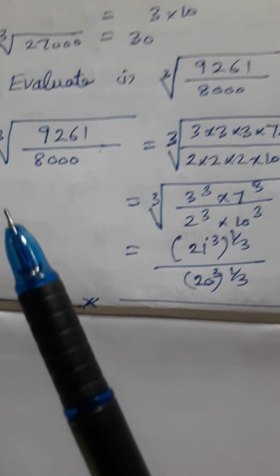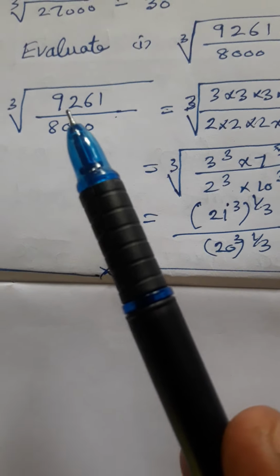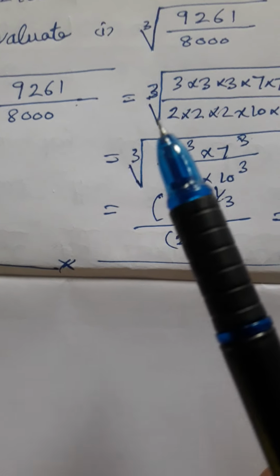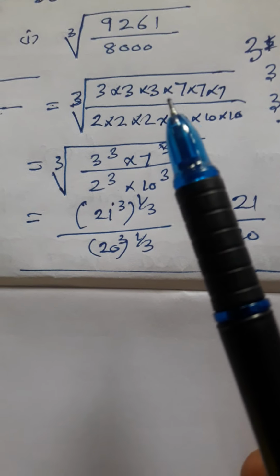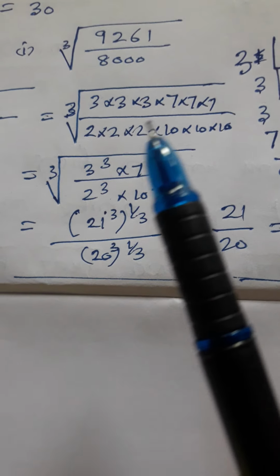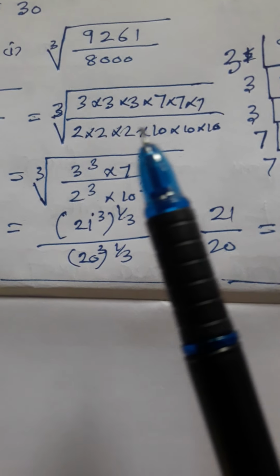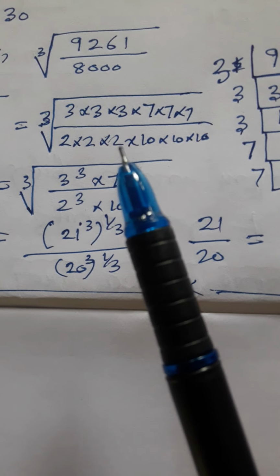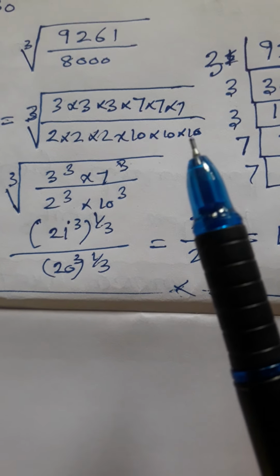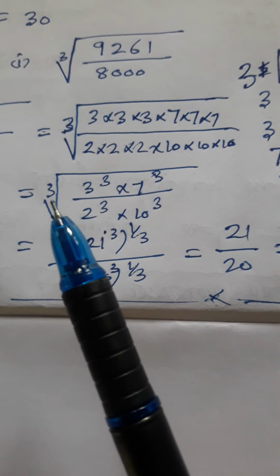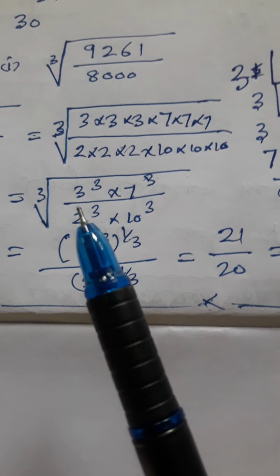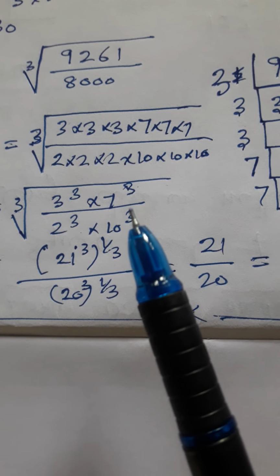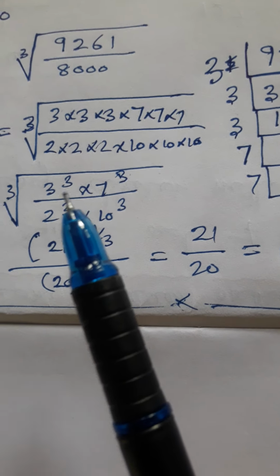Now cube root of 9261 by 8000 equals cube root of 3 into 3 into 3, 7 into 7 into 7, divided by 2 into 2 into 2 into 10 into 10 into 10. In the cube root, we have the power 3, and all the powers are the same, number 3.